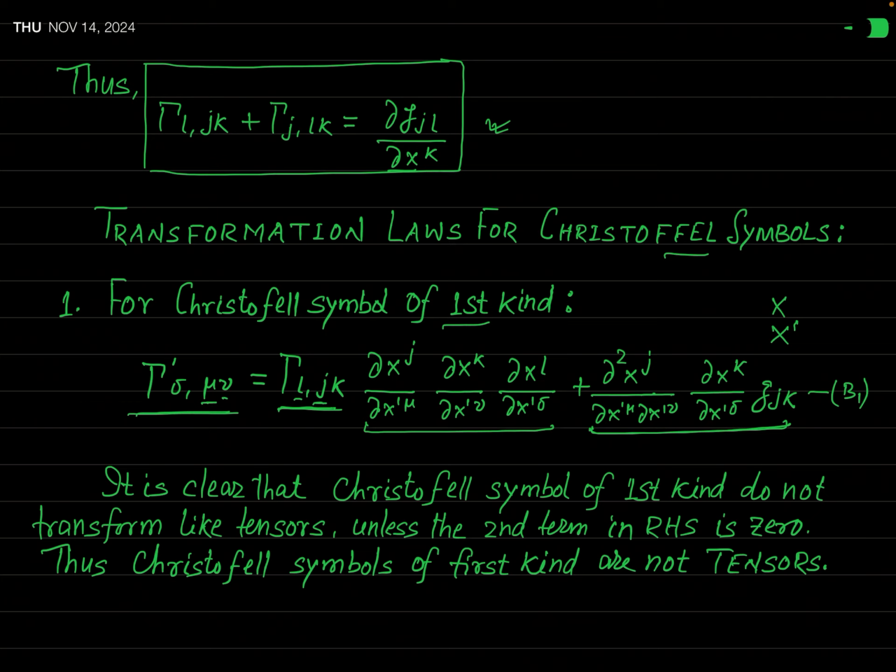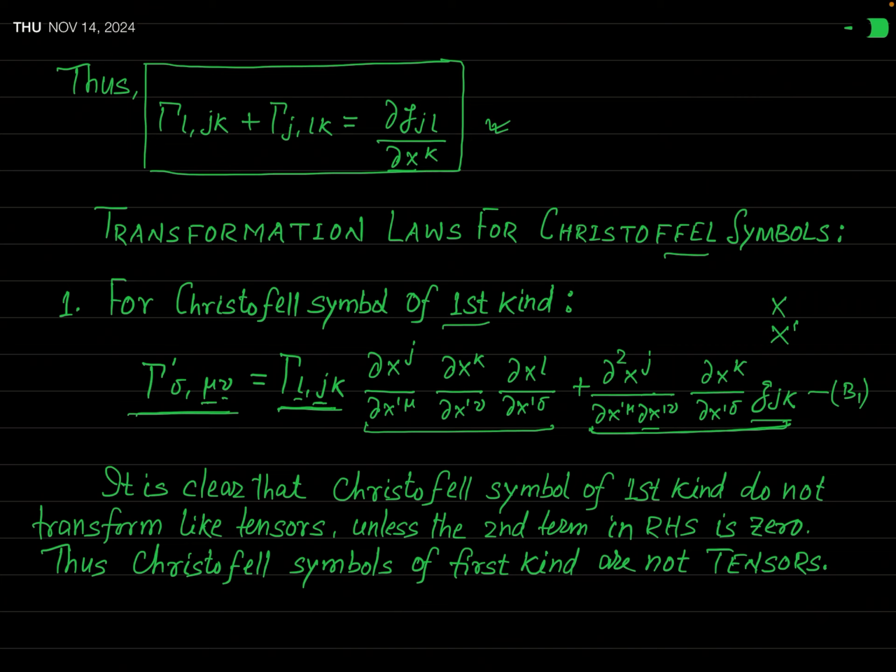If this second term were not present, it would just transform like a tensor, and then it would be called a tensor. But in its transformation, this second term is non-zero. So this second term is del 2 xj by del x prime mu times del x prime nu, times del xk by del x prime sigma gjk.